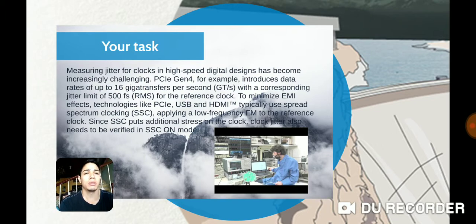For example, it introduces data rates of hot to a week occurring in the weeks, 18 for minutes in aiming effects technology. And used in HDMI, typical whose spirit and clock science books addition strict clock how the genes also next be verified and the unmodded.